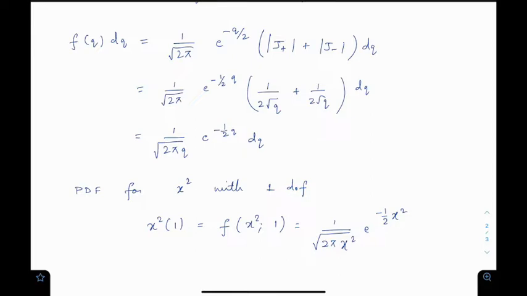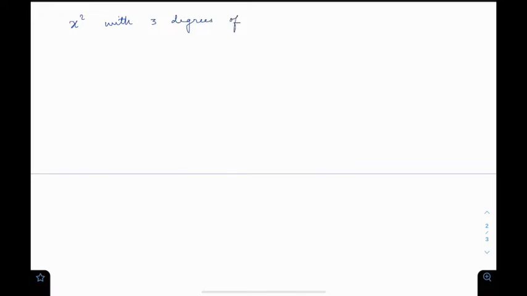Next, if we have n equals 3, that is chi-square with 3 degrees of freedom, we'll work with standardized normal variables, zi equals xi minus mu i by sigma i.